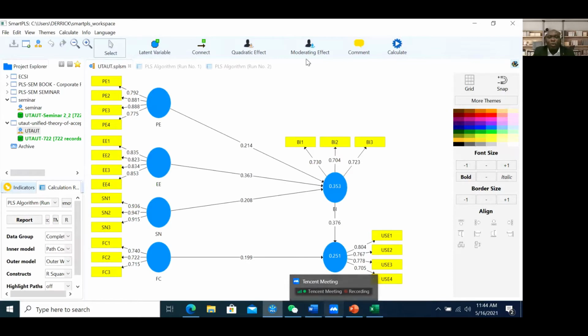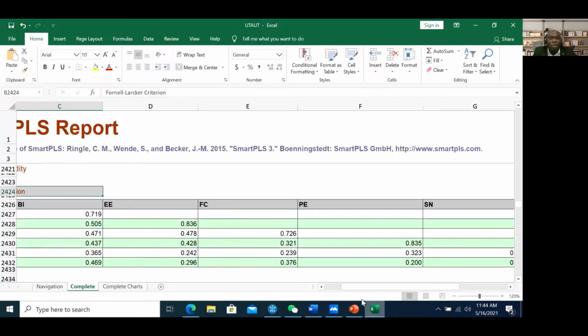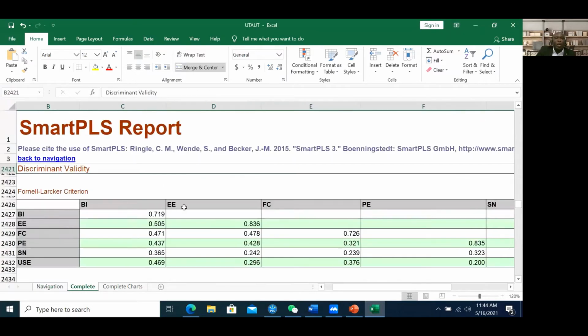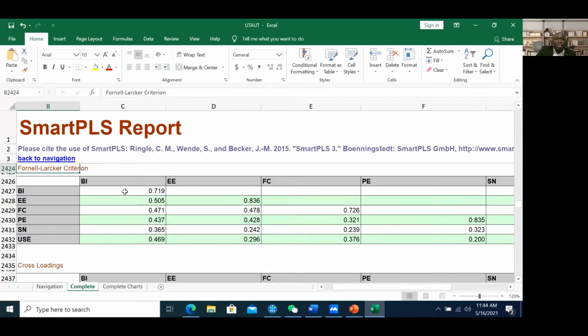Yeah. So fast forward. We go back to our report and then we look for number 1. We're going to look for what we call the discriminant validity. So now we are done with the construct reliability and validity. We are going to the discriminant validity. Discriminant validity, you're going to assess it using the Fornell and Larcker criteria.